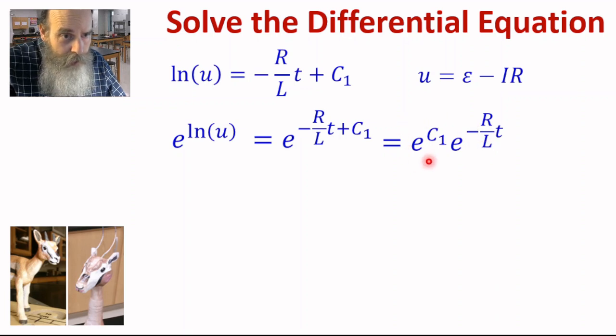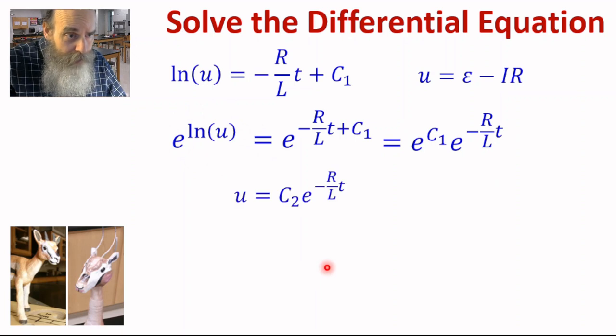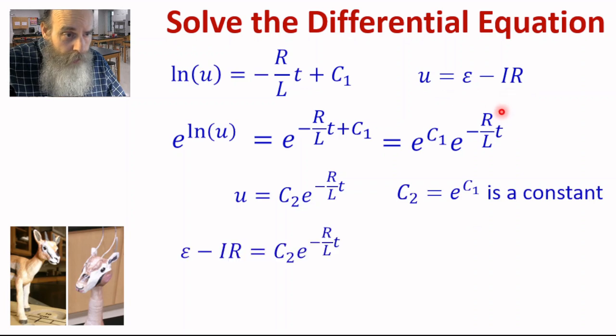E to the C1 is a constant, which we can just call C2. And e to the ln u is just u. So we get this: u equals C2 e to the negative R over L t. Now let's put in what u is. U is E minus IR. So we get this: E minus IR equals C2 e to the negative R over L t.